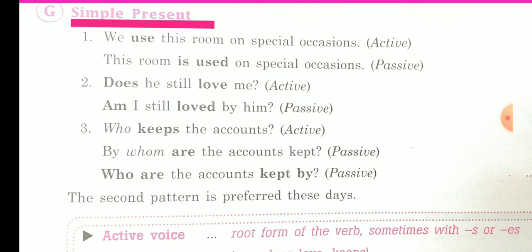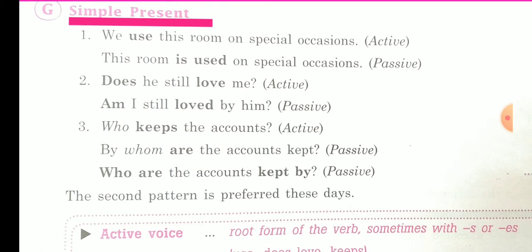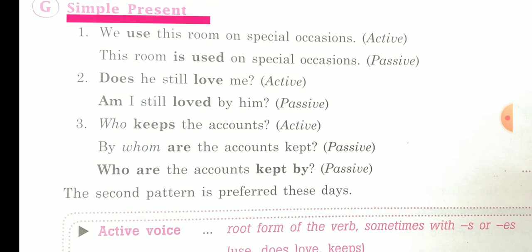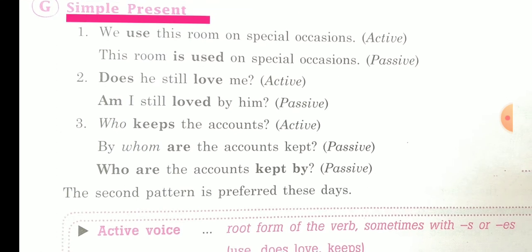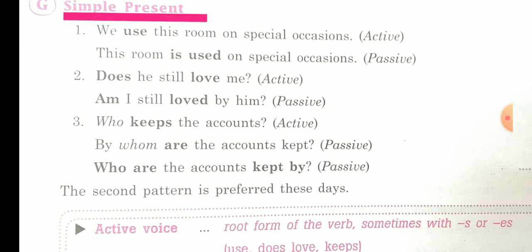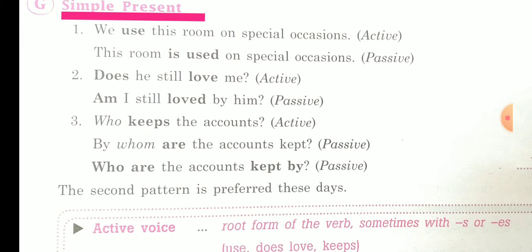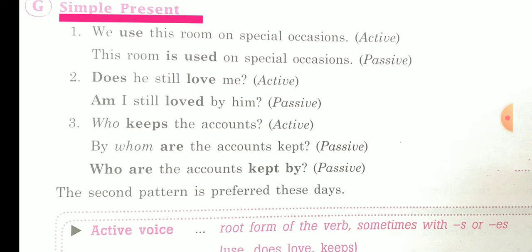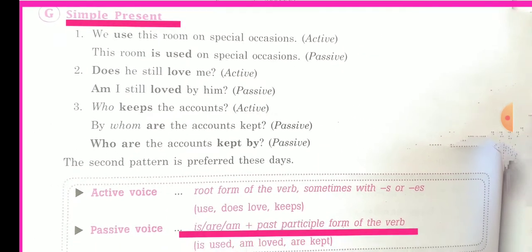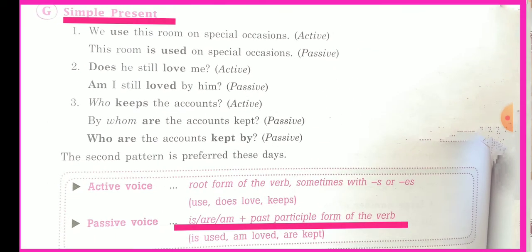If we change it into passive voice by using by whom, then we will write by whom are the accounts kept. But if we want to keep the wh word the same, then we will write who are the accounts kept by? As we know, an interrogative sentence will remain interrogative only, so the wh family word will remain in the beginning of the sentence.